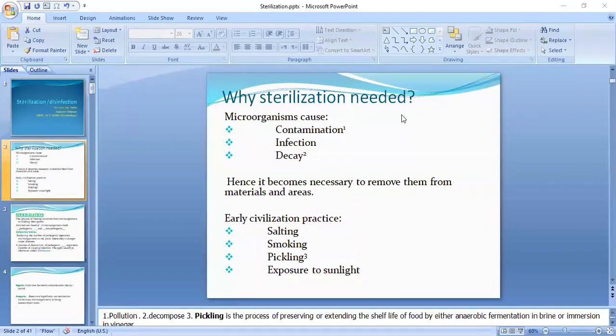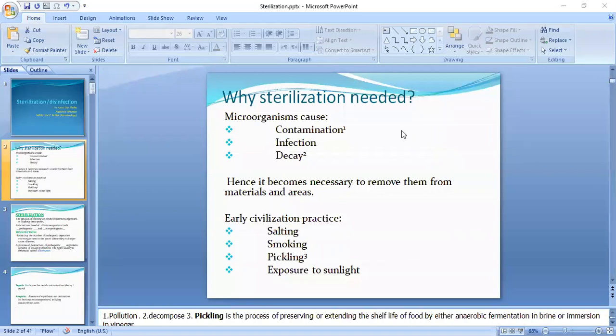It is the procedure which is mostly used in the microbiology department, in the microbiology lab.